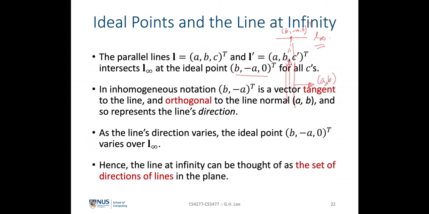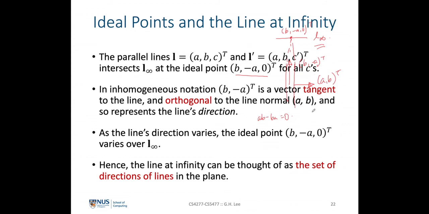We can verify that these two are orthogonal to each other, B minus A and A B transpose, by simply taking the dot product of these two. We can see that it will give us AB minus BA, and that's going to be equal to 0, the dot product of these two.